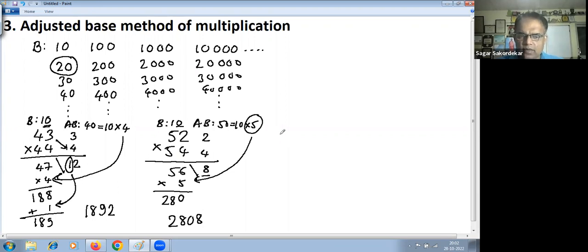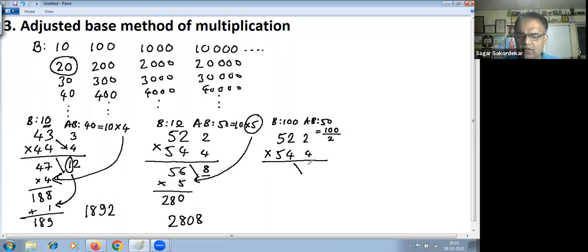Now I'll take the same problem and see how we can solve it by taking base 100. Here we took the main base as 10. Instead of that, you can take 100. The adjusted base will remain the same because only with this 50 is the difference simple to multiply. But now the relation will be different. You have to set the relation with reference to 100, and that you can write as 100 divided by 2. The difference here is 2, here it is 4.